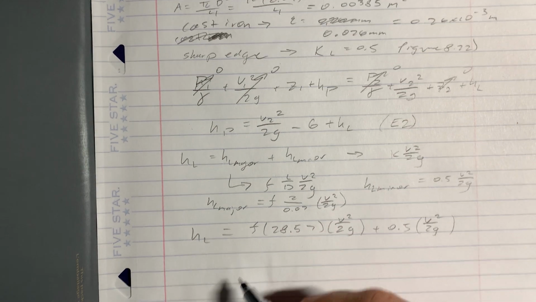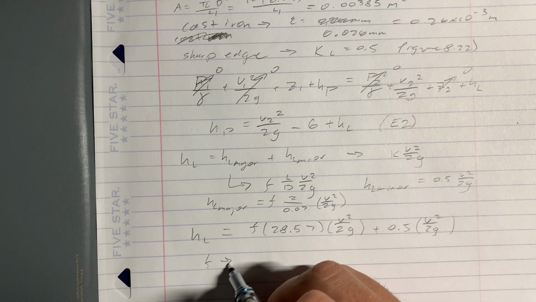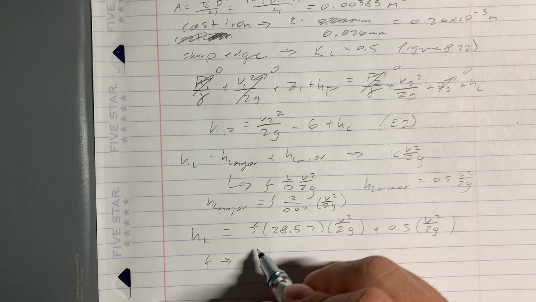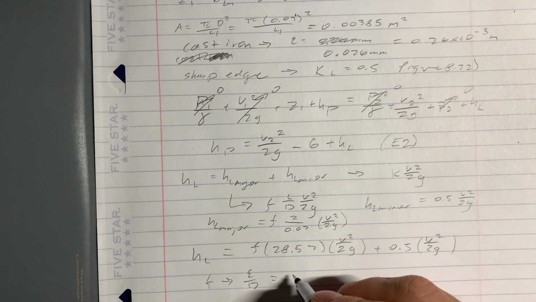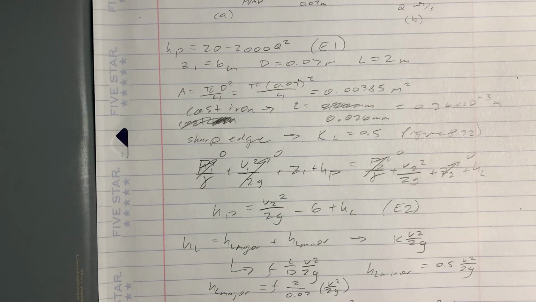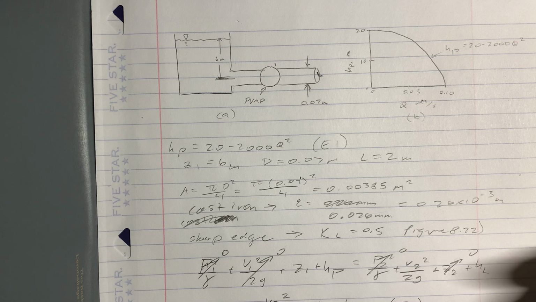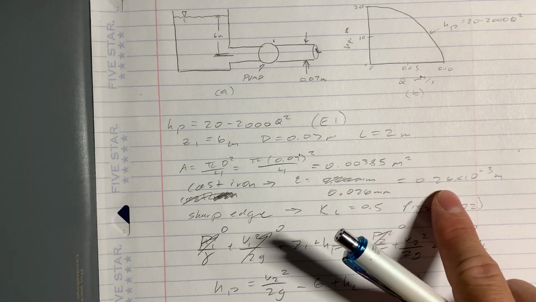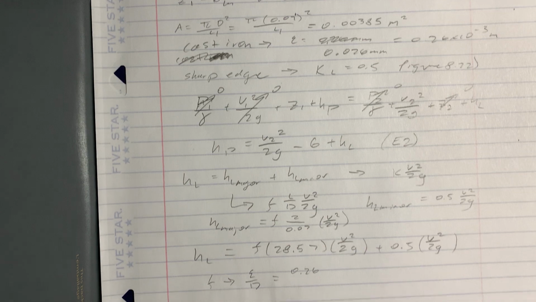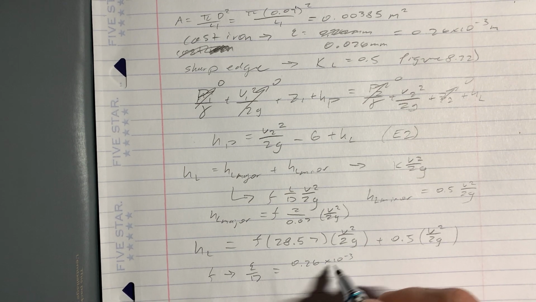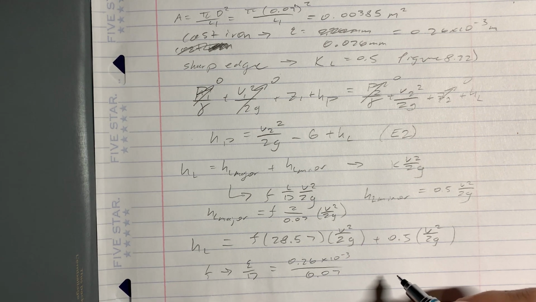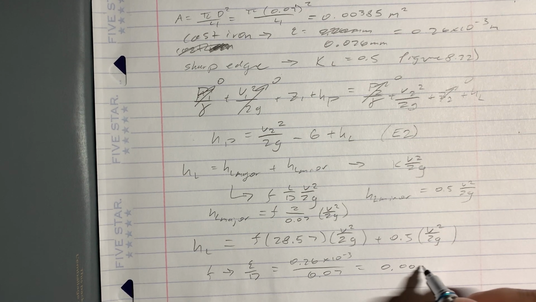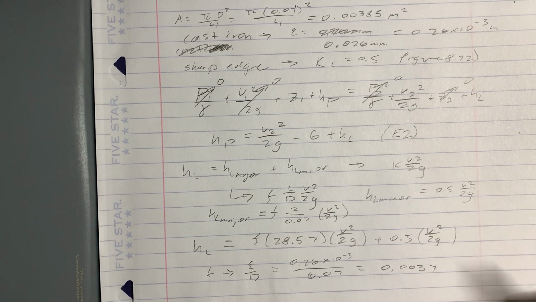Now for F, we can find that by finding the relative roughness, which is epsilon over D. From earlier, our cast iron is 0.26 times 10 to the negative 3, and D is 0.07, so this is equal to 0.0037.